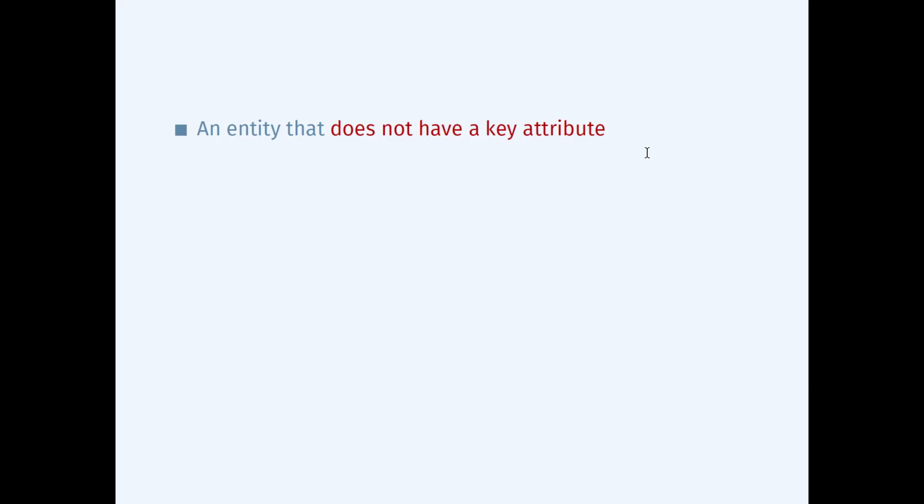The next one I want to discuss is weak entities. So far, when we discuss entities, we talked about key attributes. What do you mean by key attributes? A unique attribute you can use for any entity type. But sometimes entities don't have any key attribute.